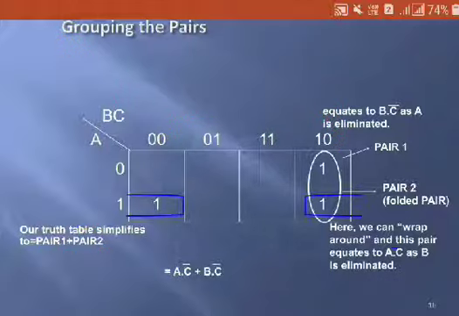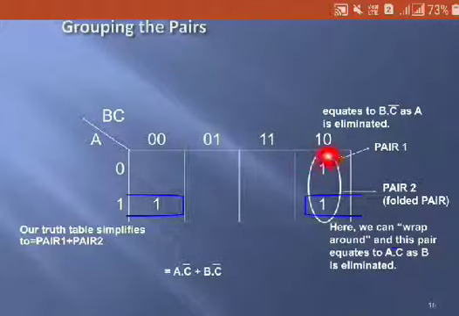Since you have three ones, these two ones can be paired like this. This is vertical pairing, a group of two cells. If you want to write the expression for this pair, the A variable can be minimized. There is no A variable because A bar is there and A is there, so it gets cancelled.